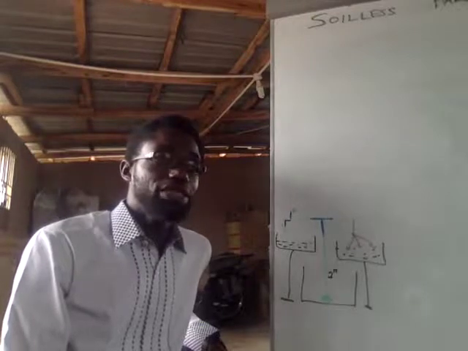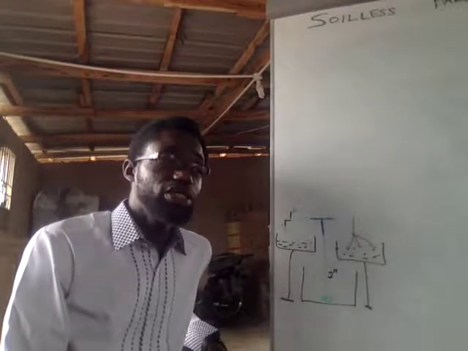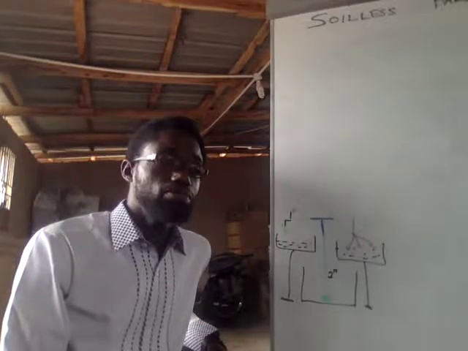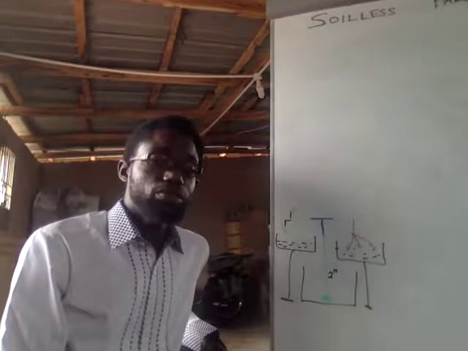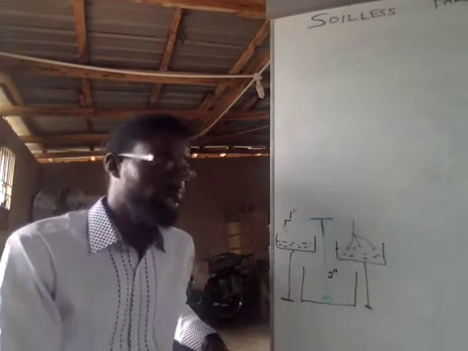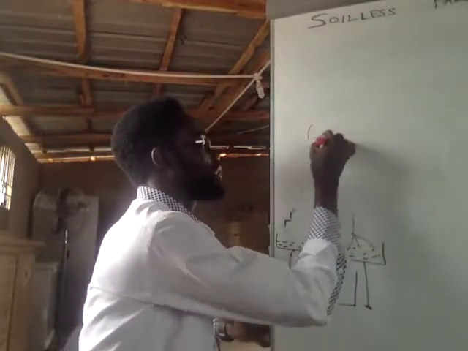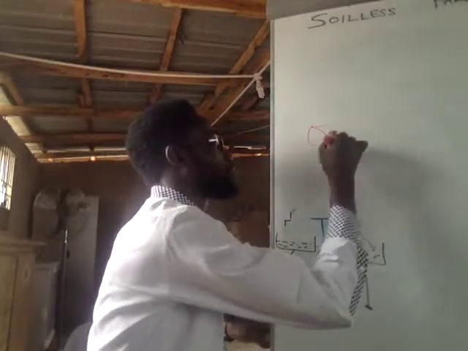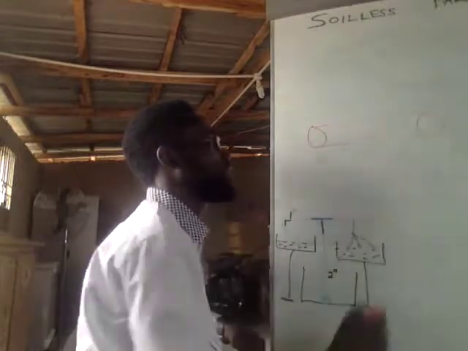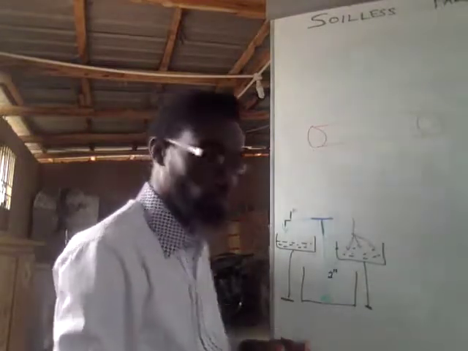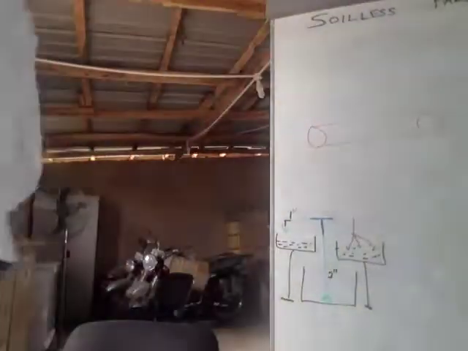Okay, let me also take time to explain briefly how you connect the tubes to the PVC and everything together. So if this is your PVC pipe, this is your PVC pipe.